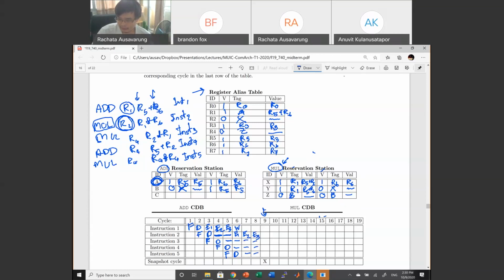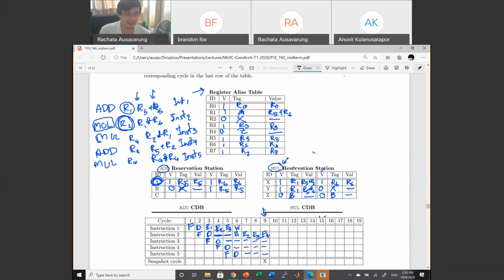Cycle number 9, you execute 4, right? You can't do anything here. When you finish that execute, you're not writing it back yet, so everything here stays the same. That's the answer for this question.